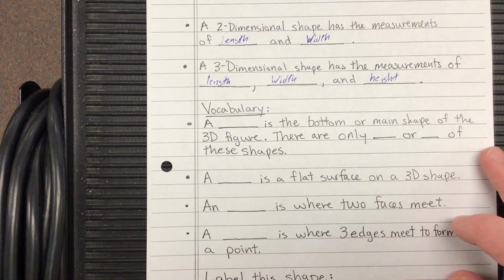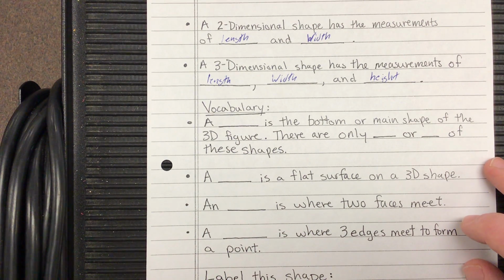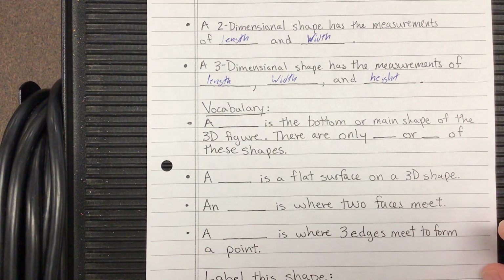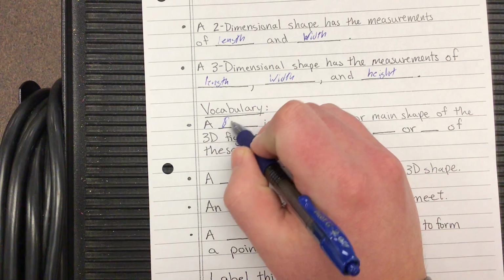So now if we get into some vocabulary, you guys should be familiar with most of these. It says a blank is the bottom or main shape of a 3D figure. So if we have a cube and we set it on the bottom, what do we call that bottom? A base is what we're looking for there.